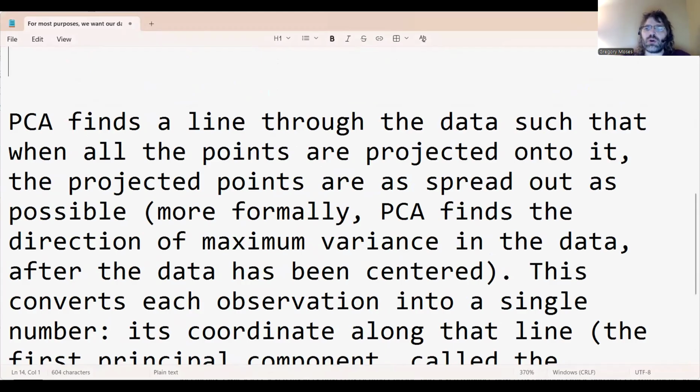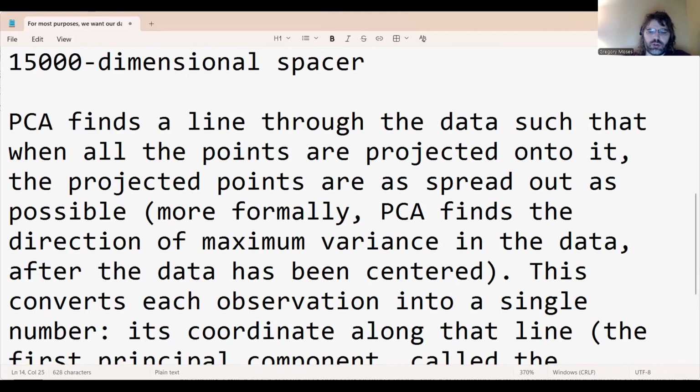Every different word in the book gives you a dimension. So you're in a super high dimensional space, or at least, for day-to-day purposes, 15,000 dimensions seems like a lot.